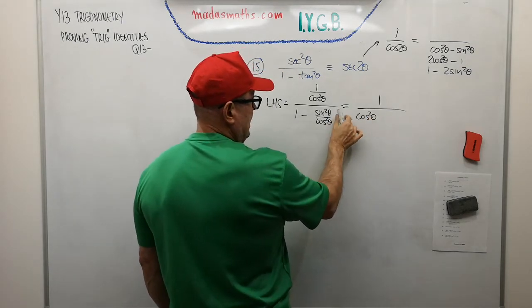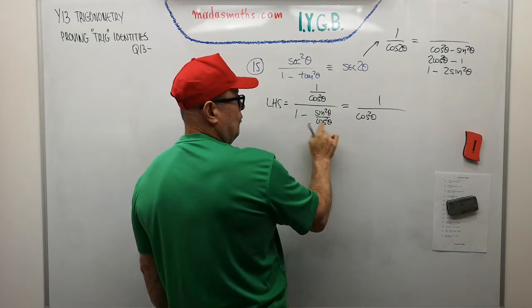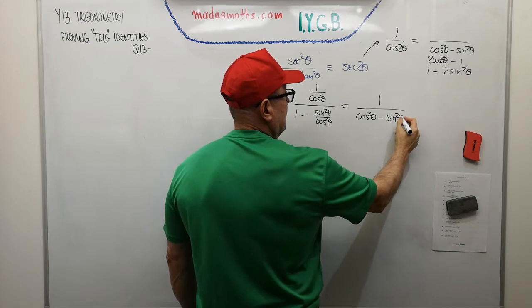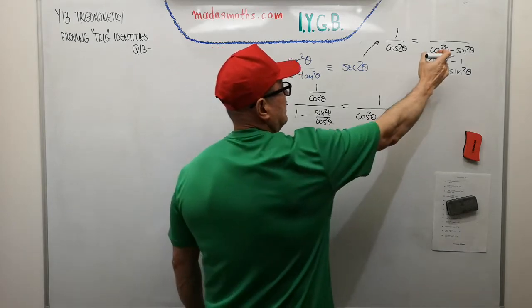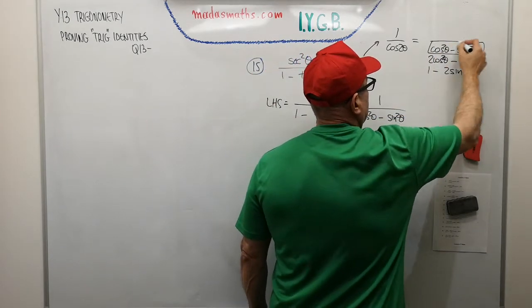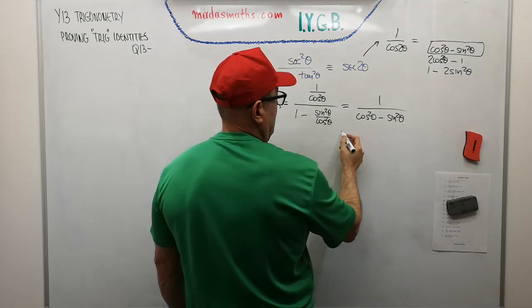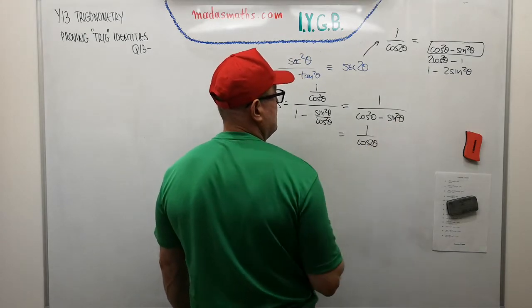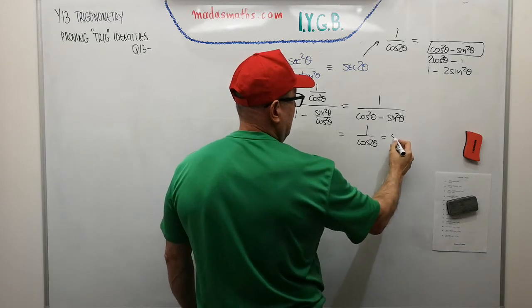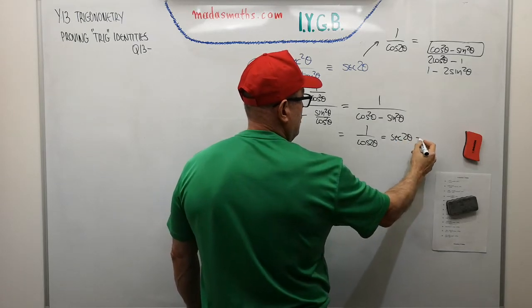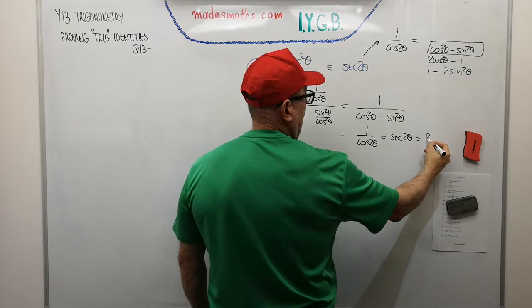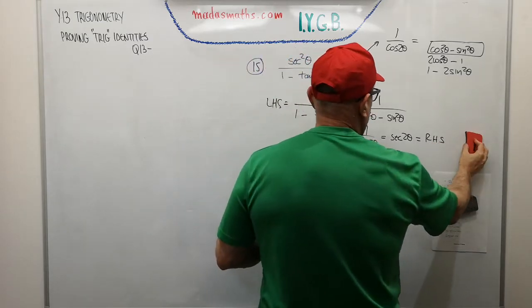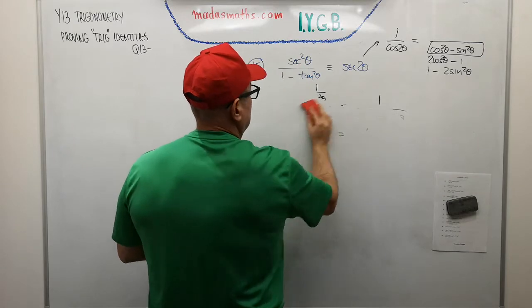Times by cos squared here, it will cancel the denominator of this particular fraction, so it will leave me minus sine squared theta. And of course, after that is really this line here. That will be 1 over the cos of 2 theta, standard identity, which is the definition of sec 2 theta. Question 15 is done.